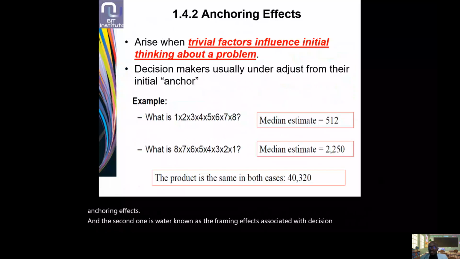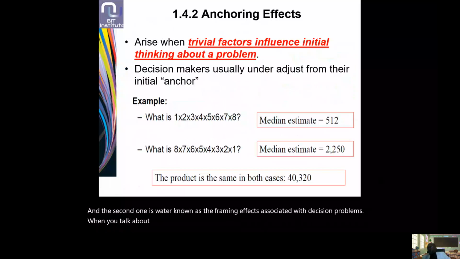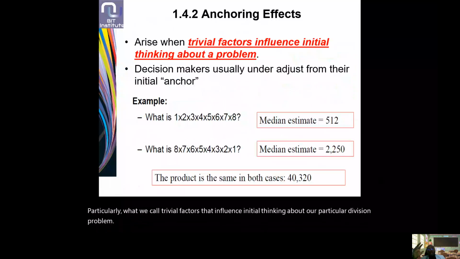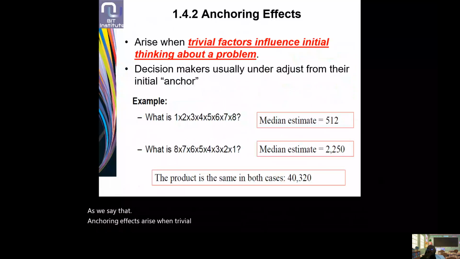When you talk about anchoring problems, we are referring to those influences, particularly what we call trivial factors that influence initial thinking about a particular decision problem. That's why we say that anchoring effects arise when trivial factors influence the initial thinking about a particular problem.